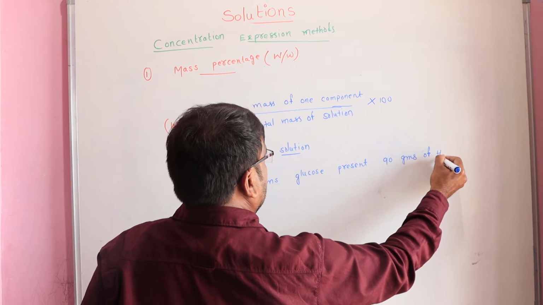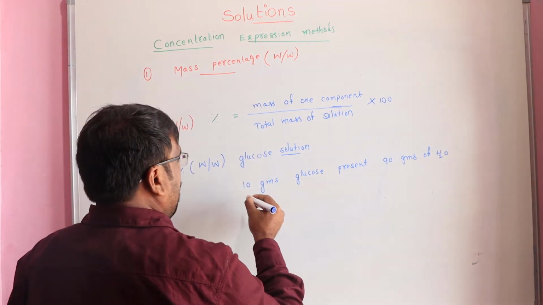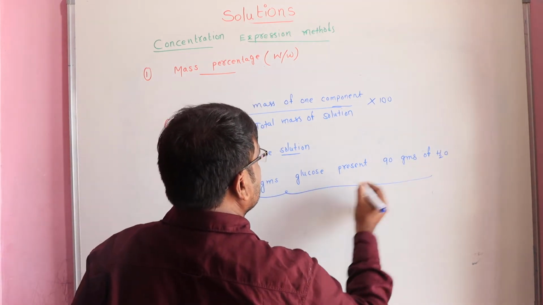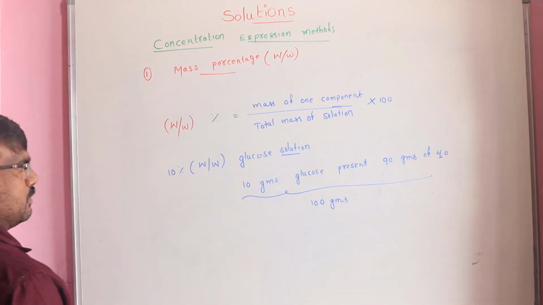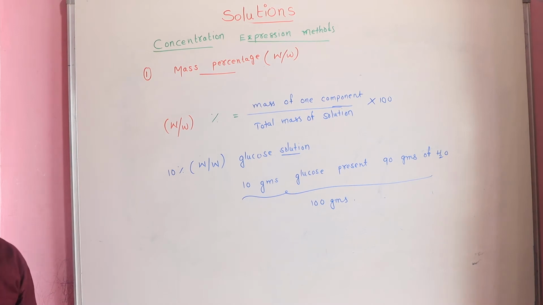That is the meaning. And the total mass of the solution is equal to how much we will get? Solution mass is equal to 100 grams. So in that way we are expressing mass percentage.